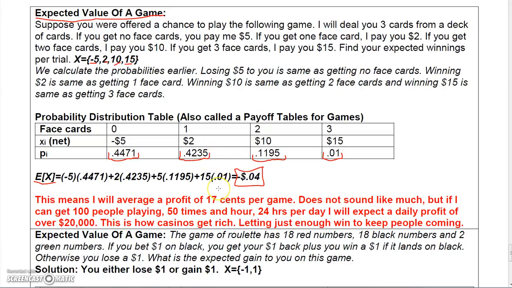which may not sound like a lot, but if we had 100 rounds of this game going, and we played 50 rounds an hour, that would be about 5,000 rounds every hour. So you start multiplying that times 4 cents and it begins to add up. Now the reason I wanted to show you this is because this is actually a statistic.